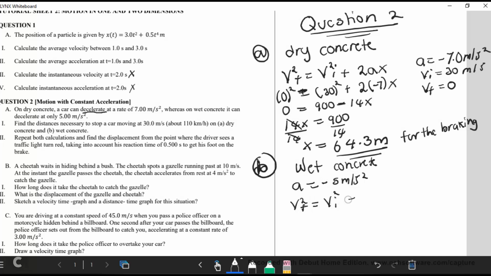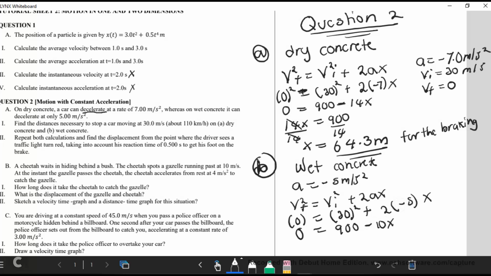initial squared plus 2ax. So what is the final velocity? The final velocity is 0. Then the initial velocity, the one that we had, is 30 squared plus the acceleration, that's negative 5, then x. So 0 is equal to 900 minus 10x.